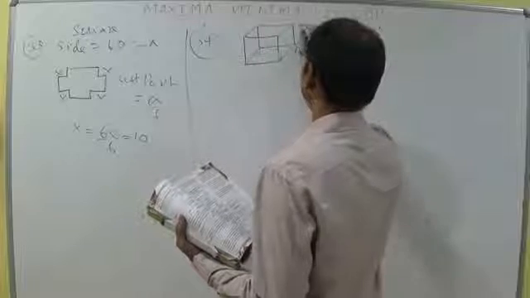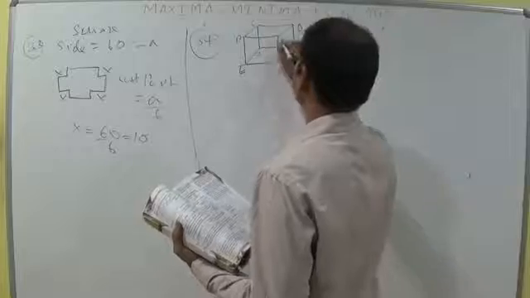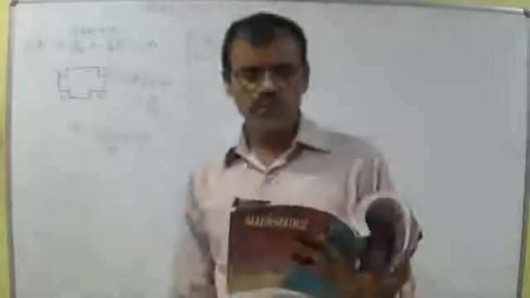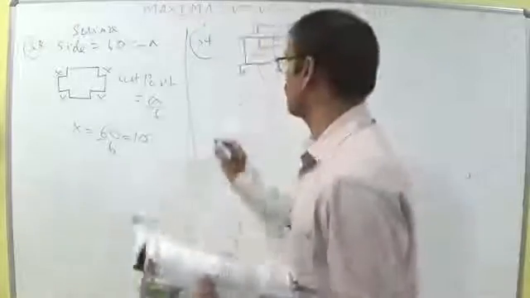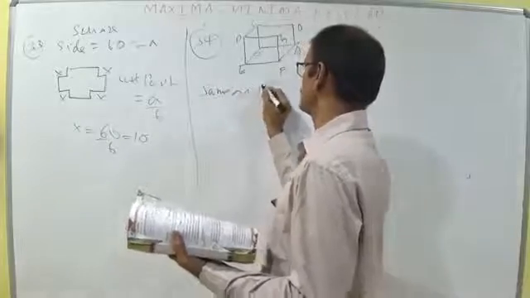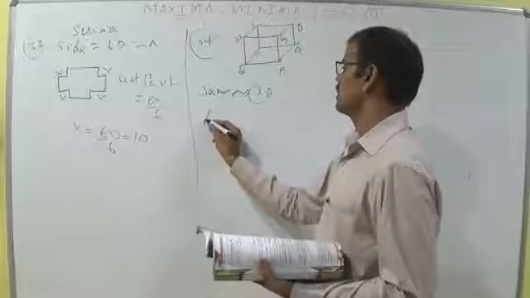Let us write the names O, A, B, C, D, E, F, G. A box is made with a square base and open top. The area of the material used is 192. Here area given, same as I wrote in 30th question. Same as the 30th question we discussed the area.